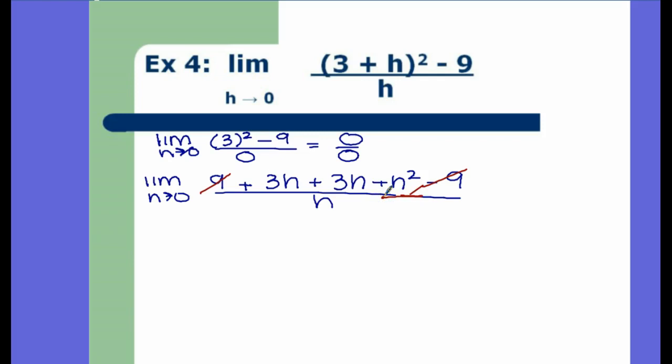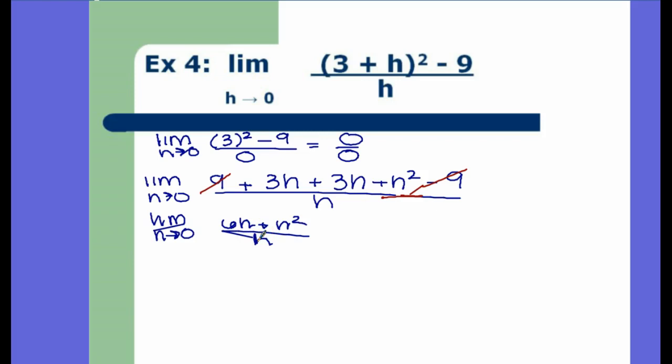So if it's going to kill you guys, you can finish this problem and let me pick up the next one for you guys. So at this point, our 9s have canceled. So we have the limit as h approaches 0. Combining like terms, we get 6h plus h squared all over h.